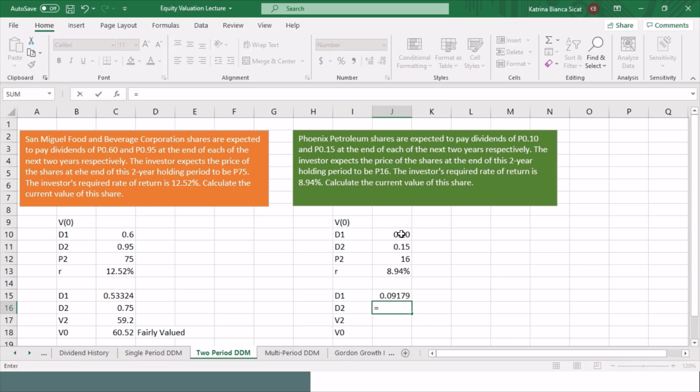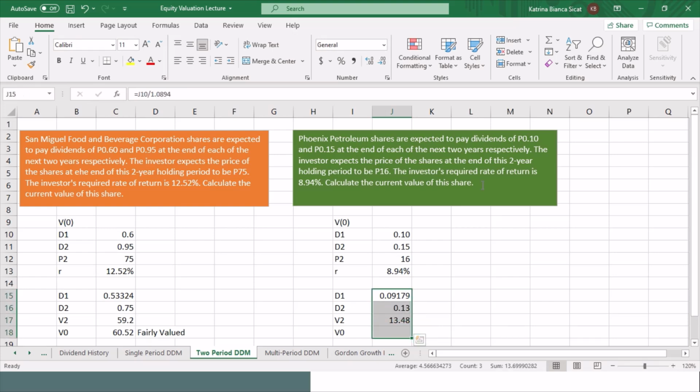Then D2 is equal to this, divided by 1.0894 raised to 2. And then this one, 16, the price at the end of the 2-year holding period, divided by 1.0894 raised to 2. Right? And then just get the total amount. Total value, you'll get 13.7.